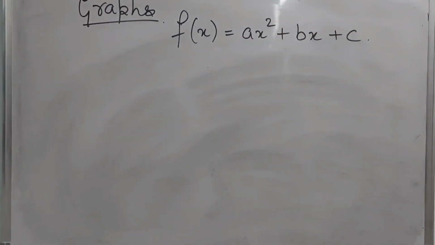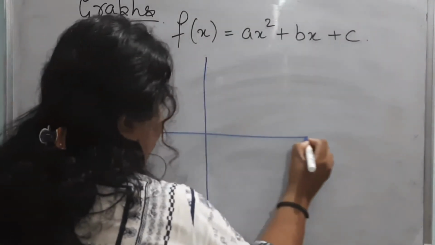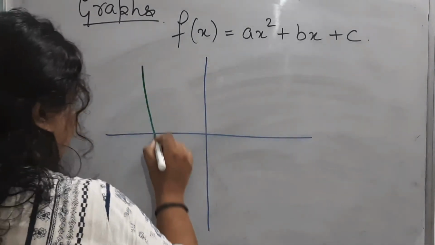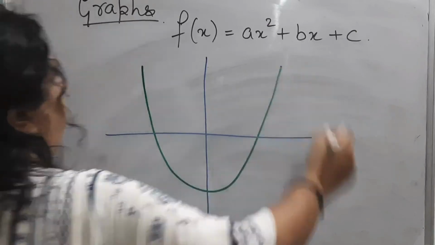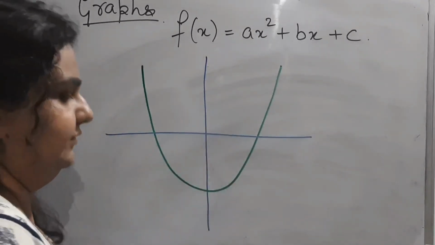The graph you get is like this, a parabola. You can take any quadratic equation and draw the graph on your graph paper. You will get a figure like this.